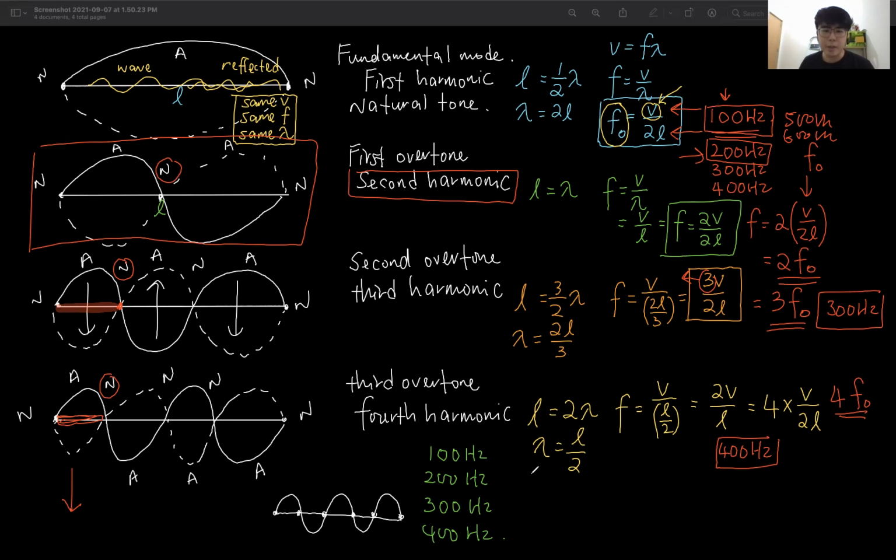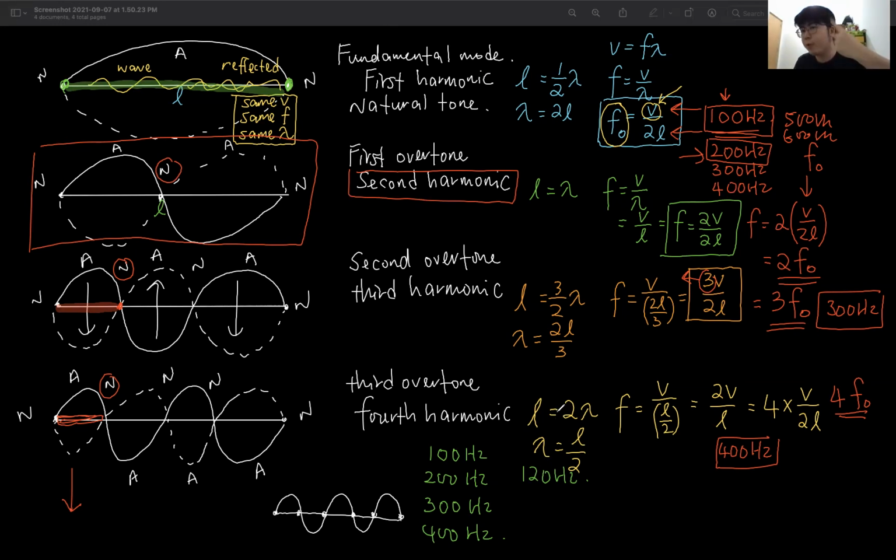I can create 120 if I change the basic frequency by decreasing the length of the wire, by decreasing the length of the string, so that the fundamental frequency is 120.